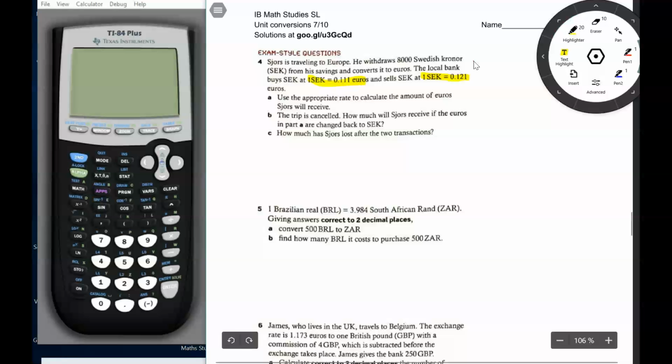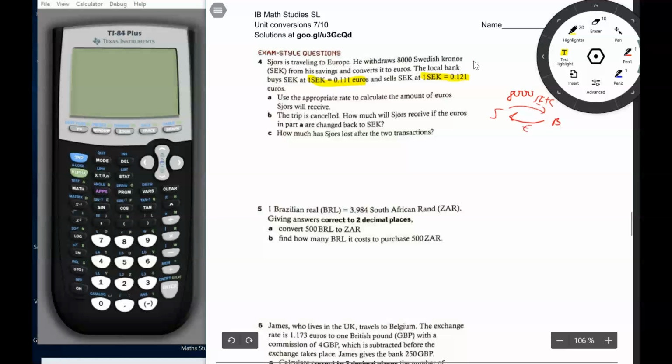Okay. So Sjors is giving 8,000 SEK to the bank. Okay, and then the bank is giving euros.